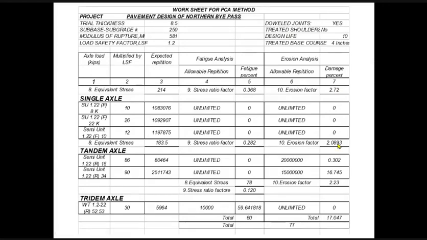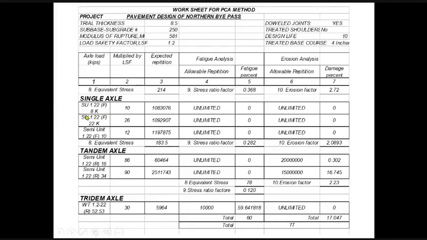Now, what do you do next? We assume that we had a single unit truck in which first is a single axle, the other is a tandem axle. So for the first axle, we had this 8 kilo-pound load on the first axle.